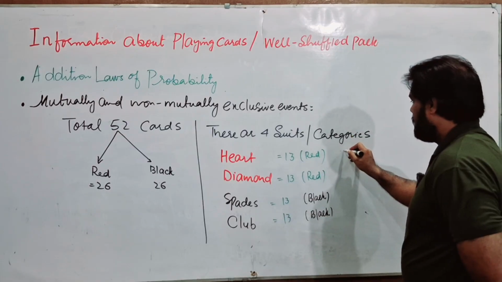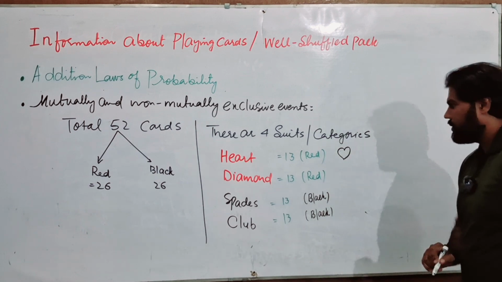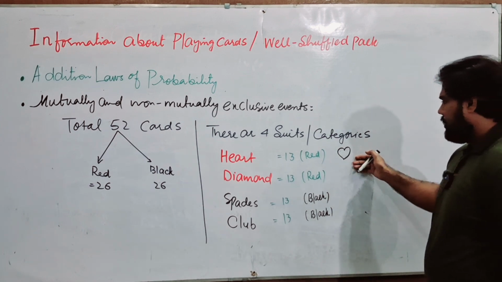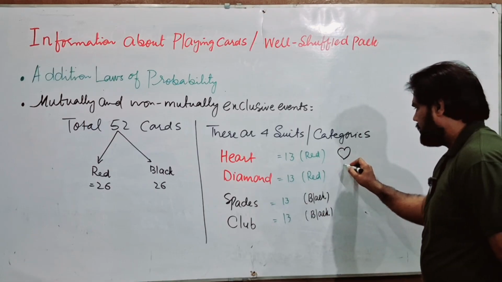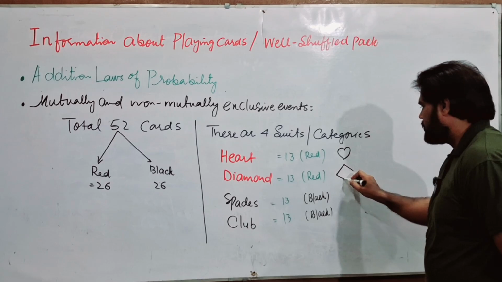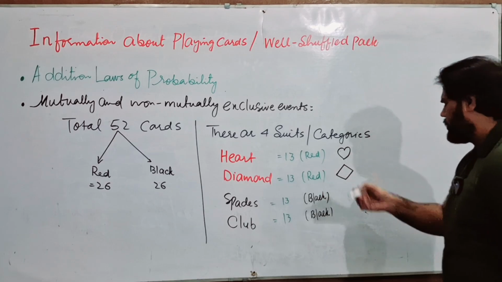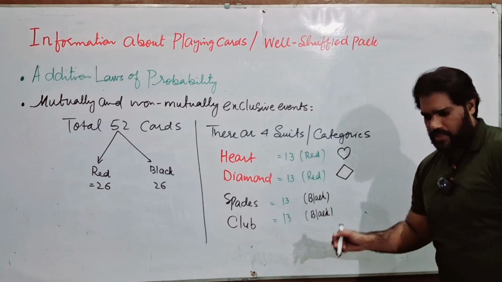Heart looks like this. This is the symbol of the heart card. Diamond looks like a rhombus, or a square, sorry. Then spades and clubs.